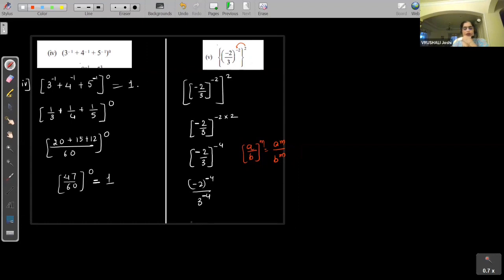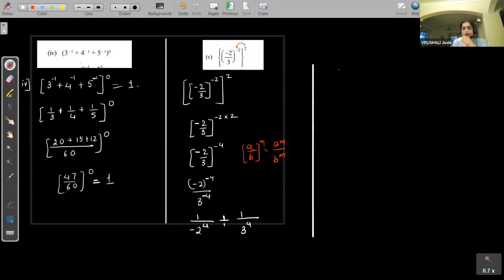That means this will be 1 by minus 2 raised to 4, correct? Divided by 1 by 3 raised to 4. Correct? So how can you write this?